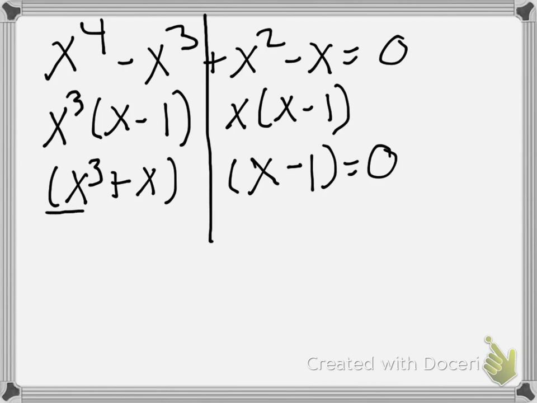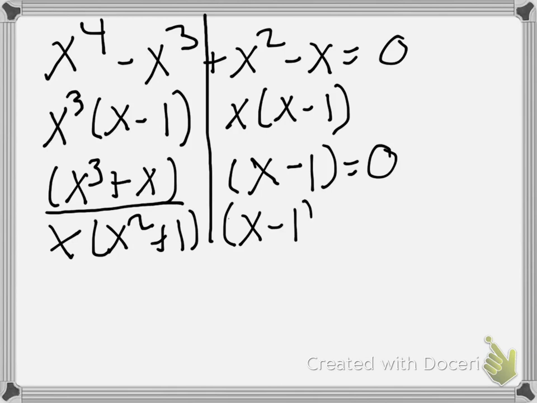Well, look at this particular term over here. I can still factor that, can't I? That would be x times x squared plus 1, and this is still x minus 1 equals 0. So I have 3 pieces.